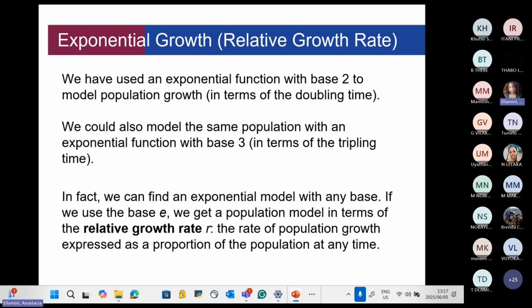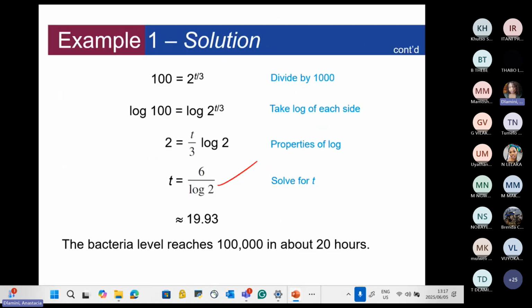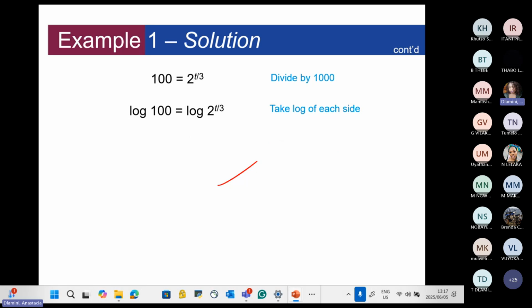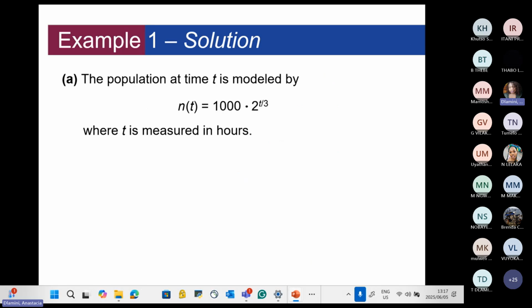Now, go back. We have used an exponential function with base 2 to model population growth in terms of doubling time. Now they're saying that we can also model the same population. If the population is growing exponentially with a base of 3, meaning that it's tripling, then this formula will have 3 here instead.